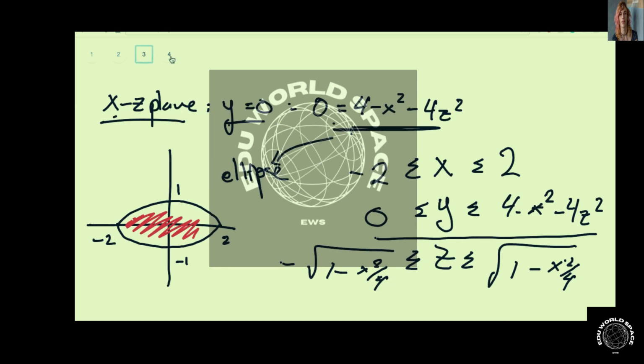So let's write this as an integral. Since y is 0, we go -2 to 2.